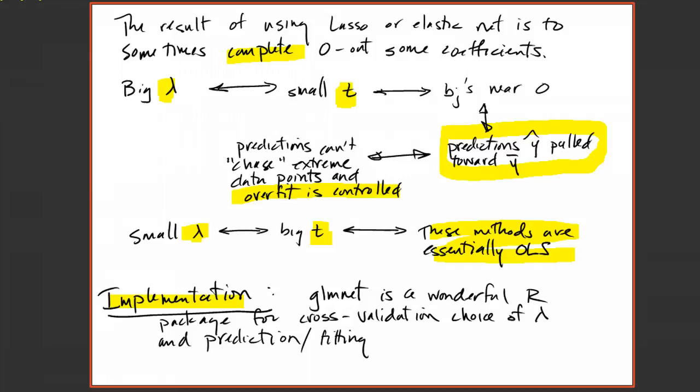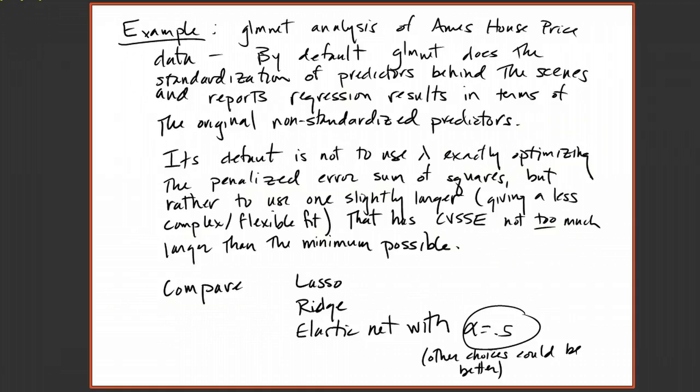So in this part of the presentation now, I'll make a second video that shows the use of the glmnet analysis on the Ames house price data set that was used in the Stat 401 lab.